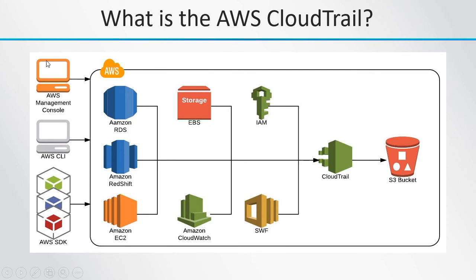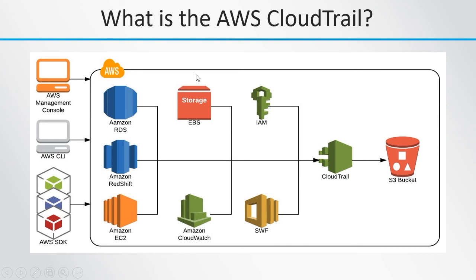So for instance, let's say that on the AWS Management Console I want to create an EBS drive for an EC2 instance that I have. I will log in to the console, go to the EC2 dashboard, go to EBS, and say, okay, create a new EBS for me.